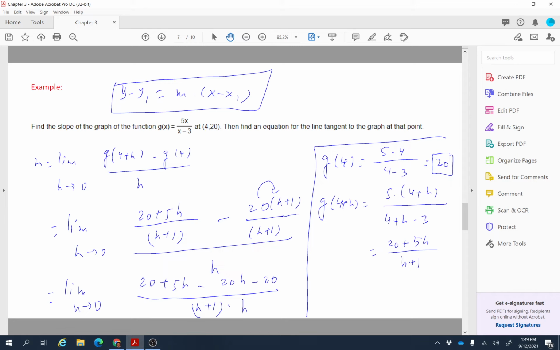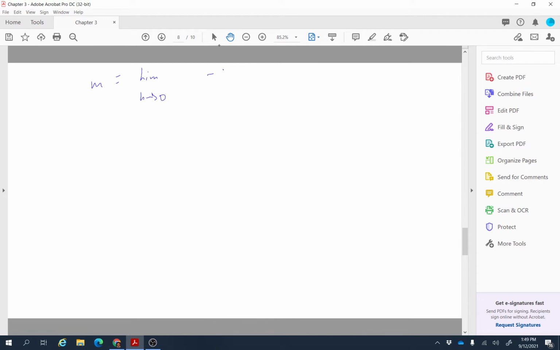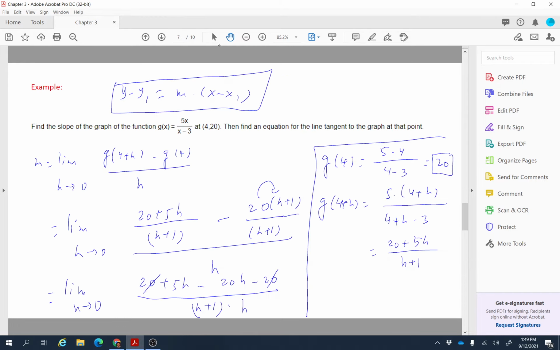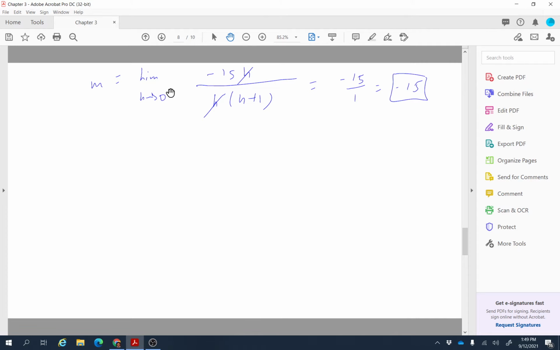If we go back here, this 20 cancels out. 5h minus 20h is negative 15h over h, and then there is h plus 1. We can cancel out this h. Now if we find the limit, h goes to 0, so eventually it will be negative 15 over 1, which is negative 15. So the slope of the tangent line at the point (4, 20) for this curve is negative 15.